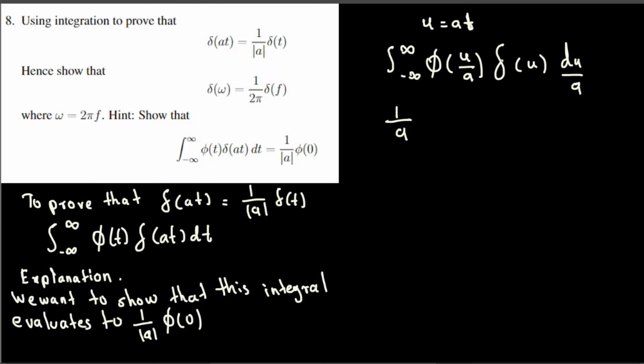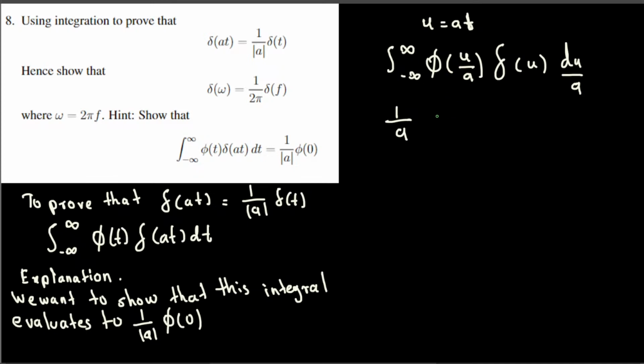And also we have to know one more thing: when we are dealing with the impulse function, it only happens at 0. So for any other value, like negative infinity to infinity, we only deal with 0, because other values of the impulse function are 0, so we cannot integrate that. So only at 0 is this going to exist. So instead of u we can put 0 here.